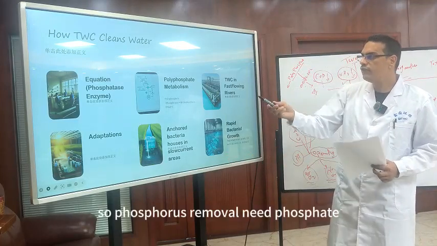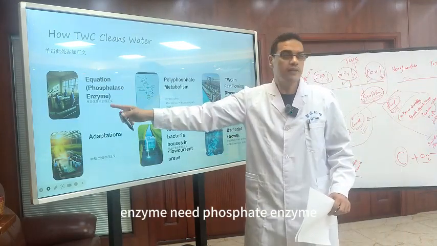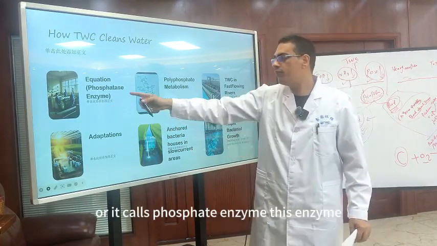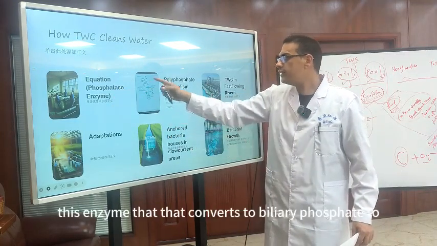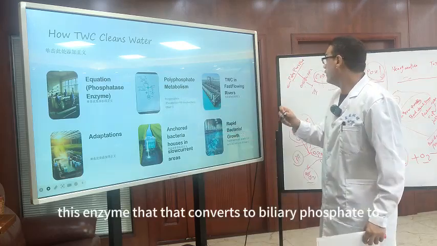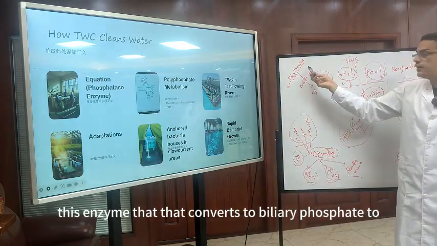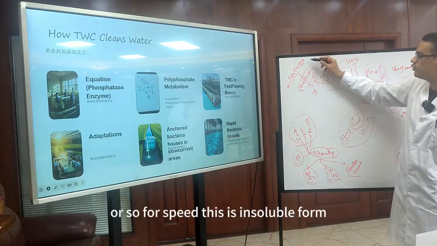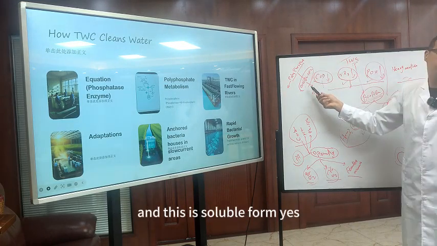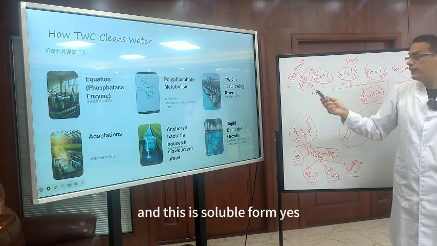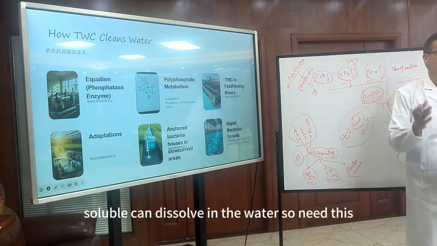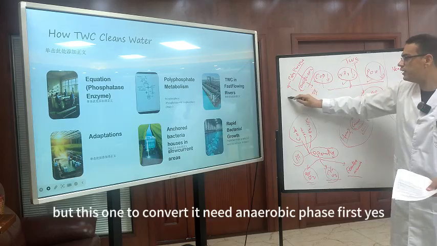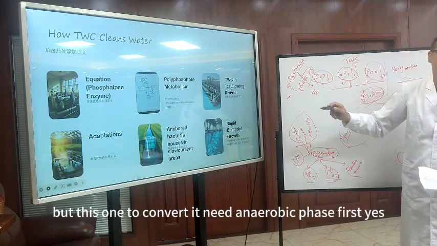So phosphorus removal need phosphatase enzyme. This enzyme converts polyphosphate to orthophosphate. This is insoluble form and this is soluble form. Yes, soluble, can dissolve in the water. So to convert it need anaerobic phase first.